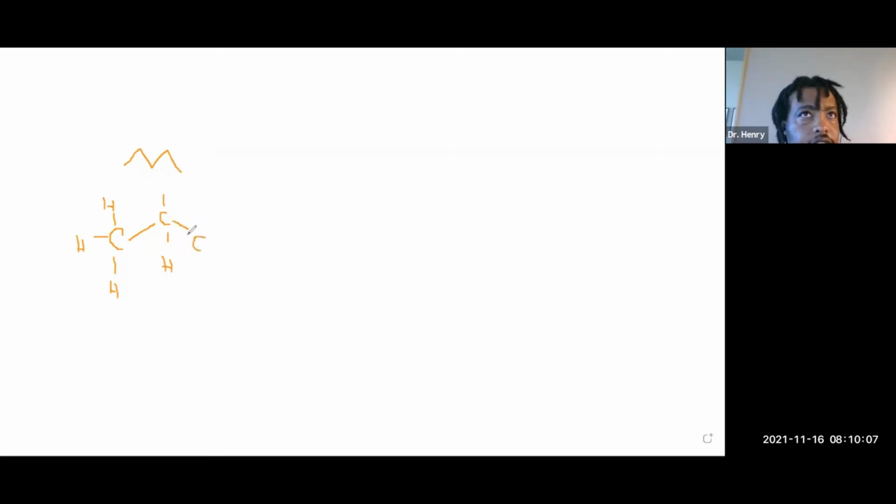And then attached to both of the carbons. So remember, saturated basically refers to the bonds, the hydrogens that are surrounding it, and that everything is a single bond. There are no double bonds.